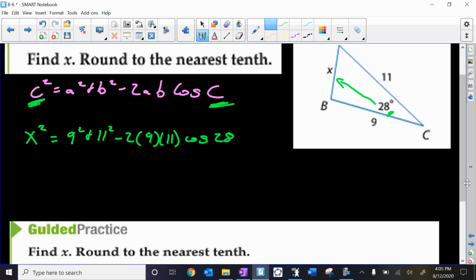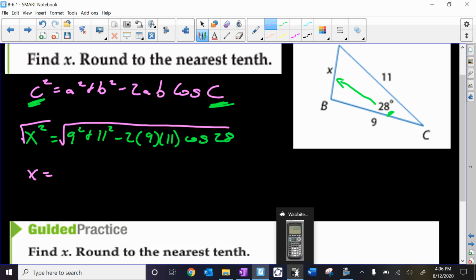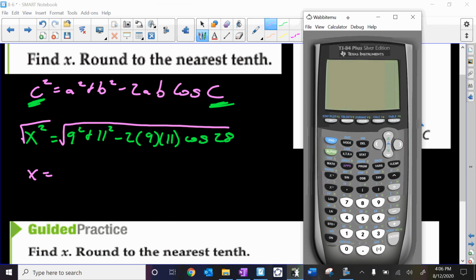To solve for x, it's very close. I need to get x by itself, so I need to get rid of the squared. We're just going to square root both sides, and that's what you're going to end up typing into your calculator. I'm going to take out my calculator now. We're going to type in everything as I see it.